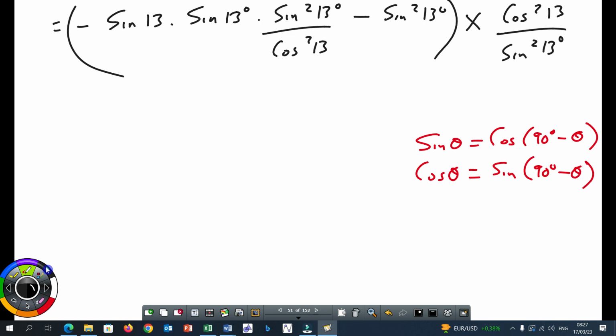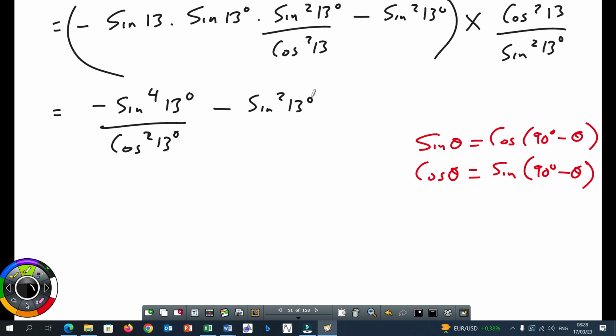Now it gets a little bit interesting, but I can see that I'm almost there, and I'm smiling a little bit. So when I multiply 1, 2, 3, they will give me minus sine to the power 4 of 13 degrees divided by cos squared 13 degrees minus sine squared 13 degrees.